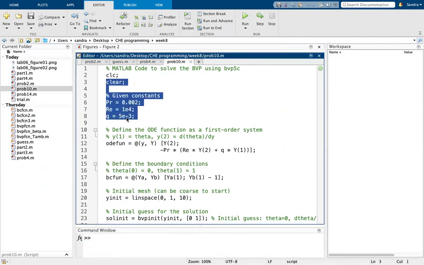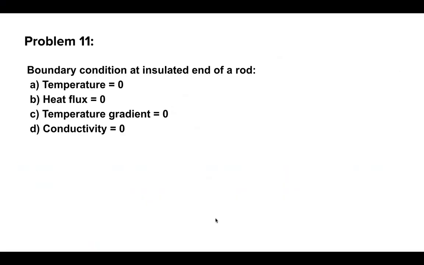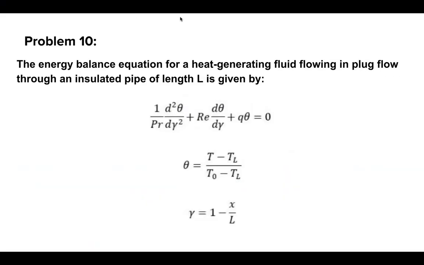All the constants I have first written. Now I have to write the ODE function. First I'm writing d theta by d gamma equal to a new variable, here I am taking z.